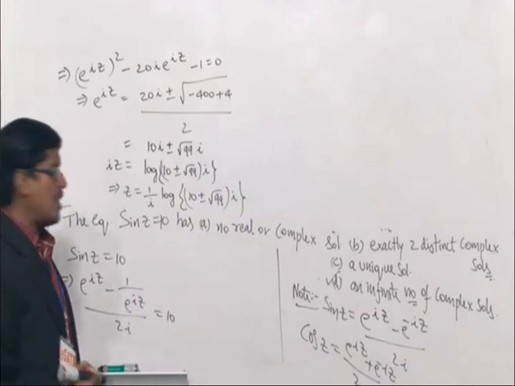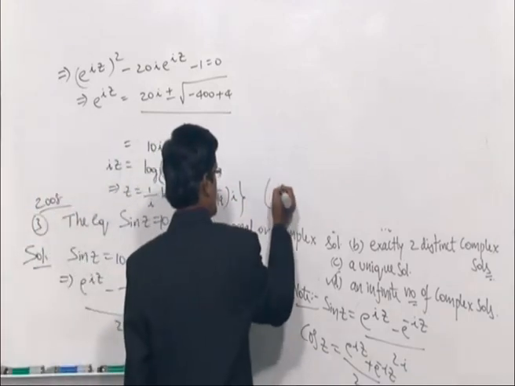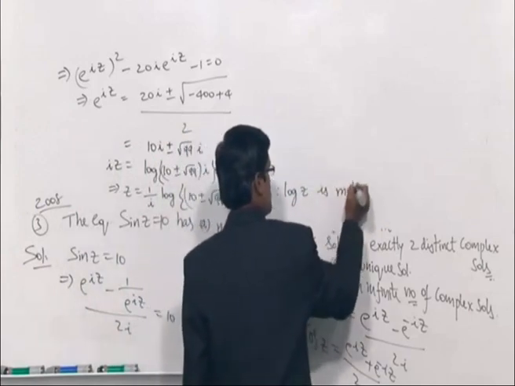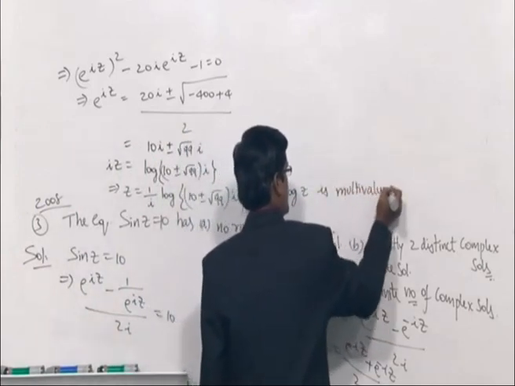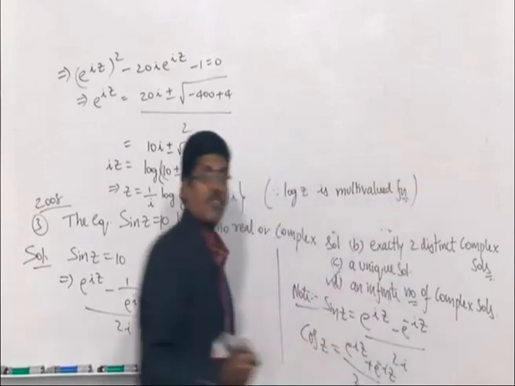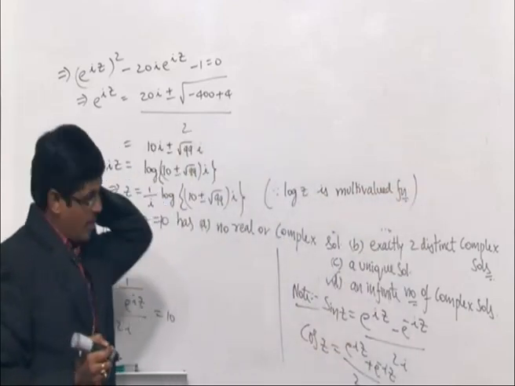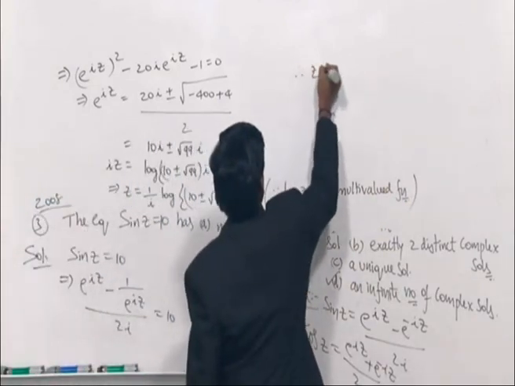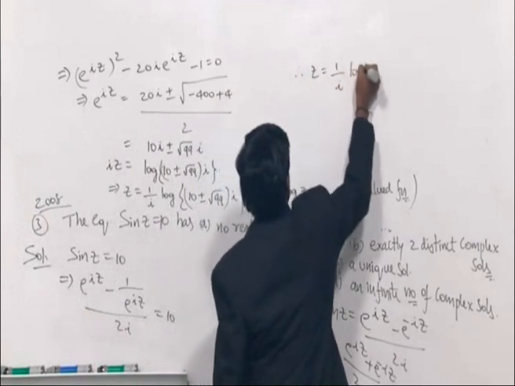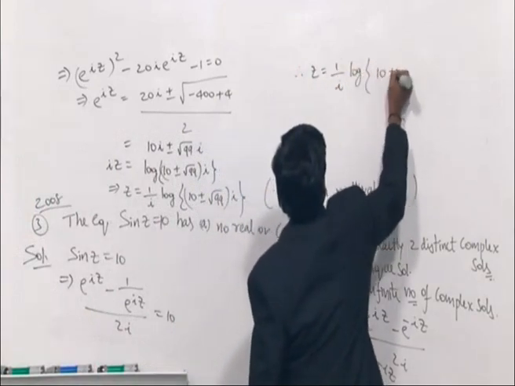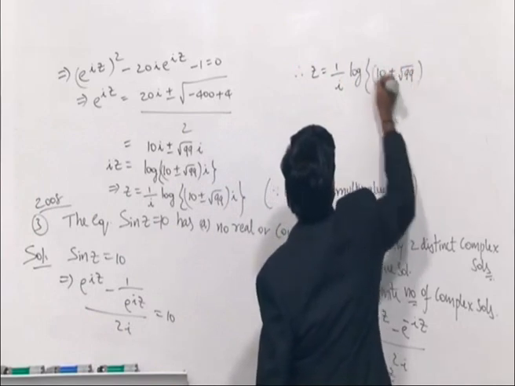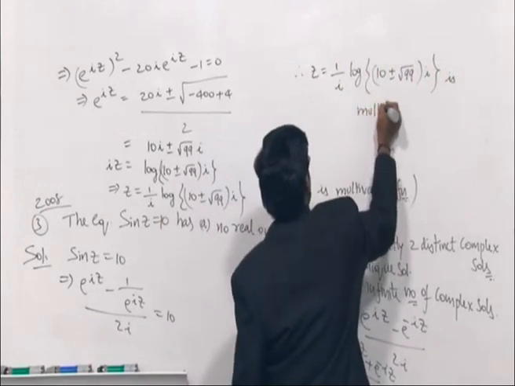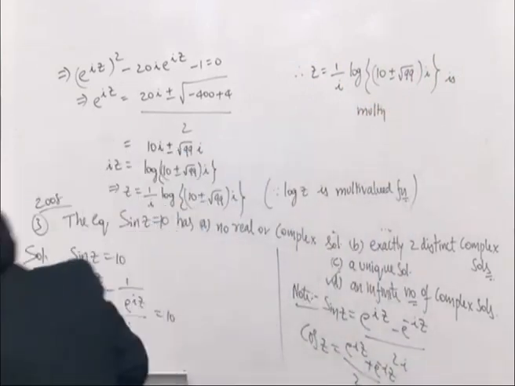Yesterday I explained that log z is a multivalued function, that is, it has many answers. Multivalued function means many values for a single z value. Therefore z is equal to 1 over i logarithm of 10 plus or minus root 99 times i is also multivalued.